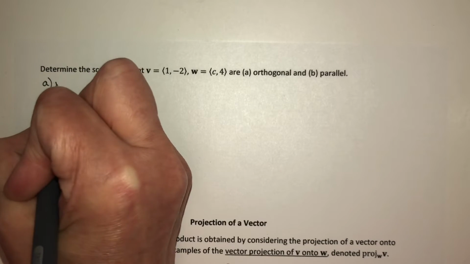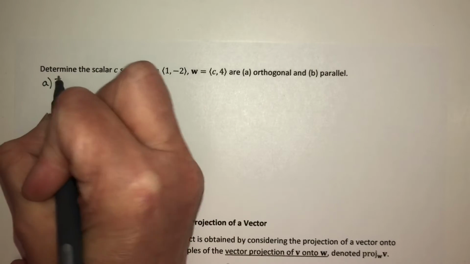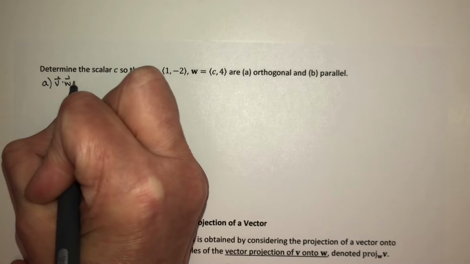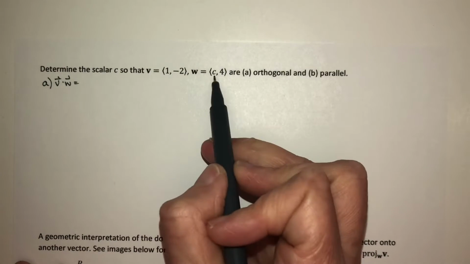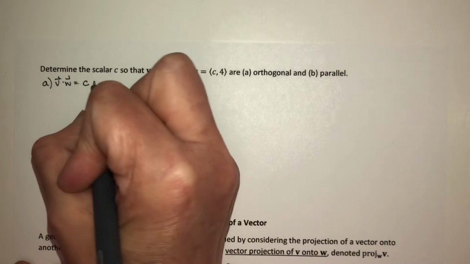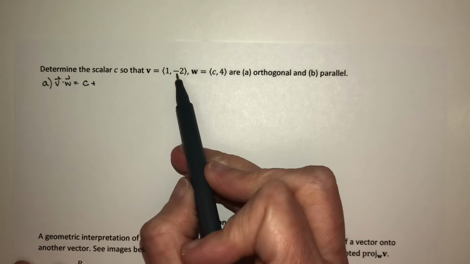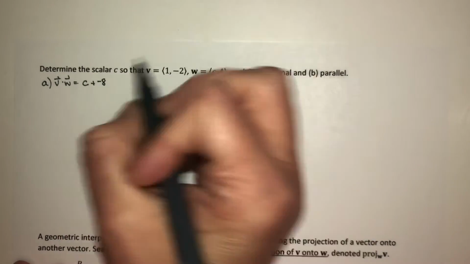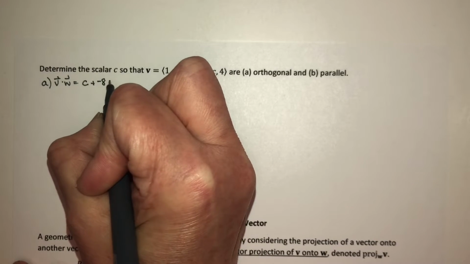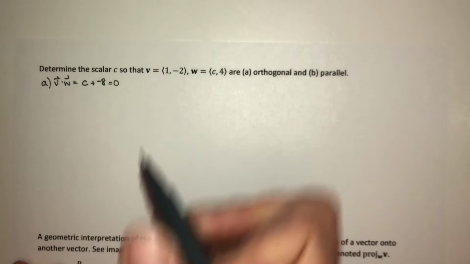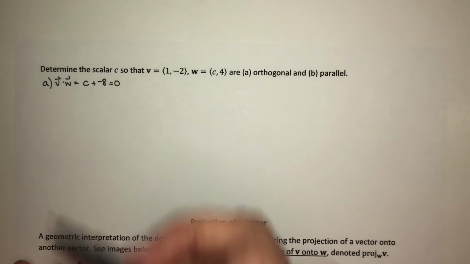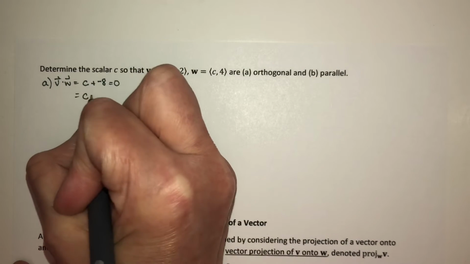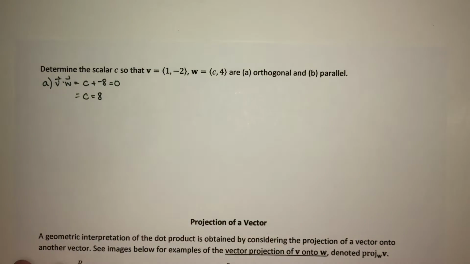So find v dot w: 1 times c is c, plus negative 2 times 4 is negative 8. I want that to equal 0 because the dot product must be 0 if they are orthogonal. That means my c value must equal 8.